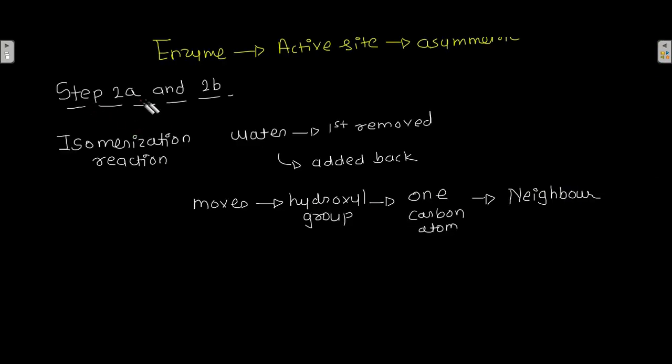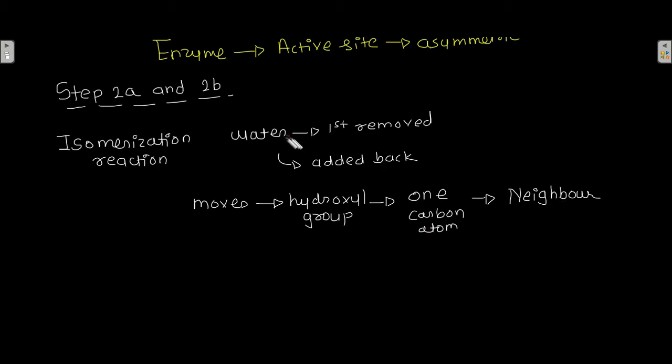Now step 2 of the citric acid cycle is divided into two parts, which we call step 2A and step 2B. In this there is an isomerization reaction, in which water is first removed and then added back, and this causes the movement of the hydroxyl group from one carbon atom to its neighbor.